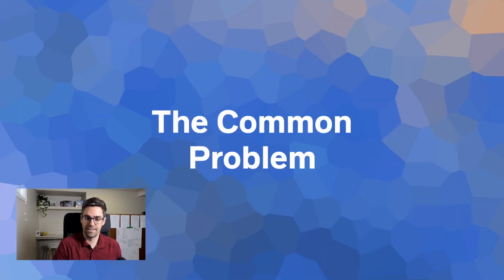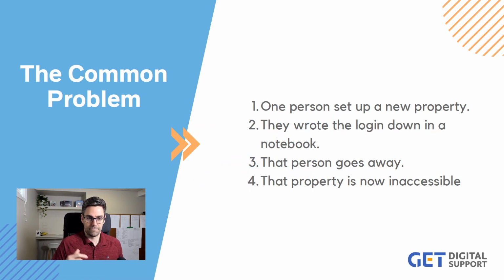So, first things first, the common problem. This is exactly what I've seen so many times. I've seen it with businesses too, but more so with charities. I think it's because there tends to be a lot of turnover.